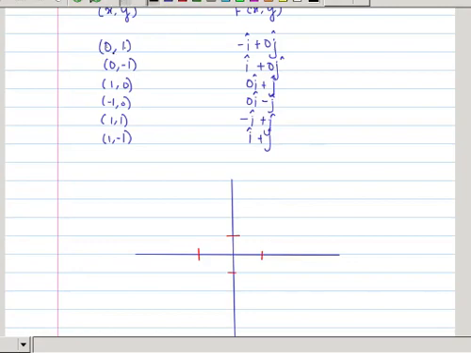So the first point, how do we plot it? 0 comma 1. Suppose this is the point 0 comma 1.